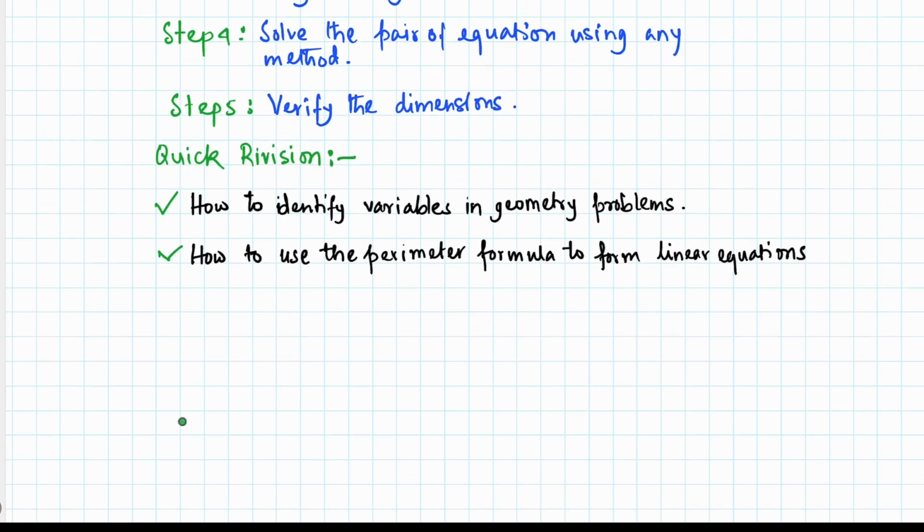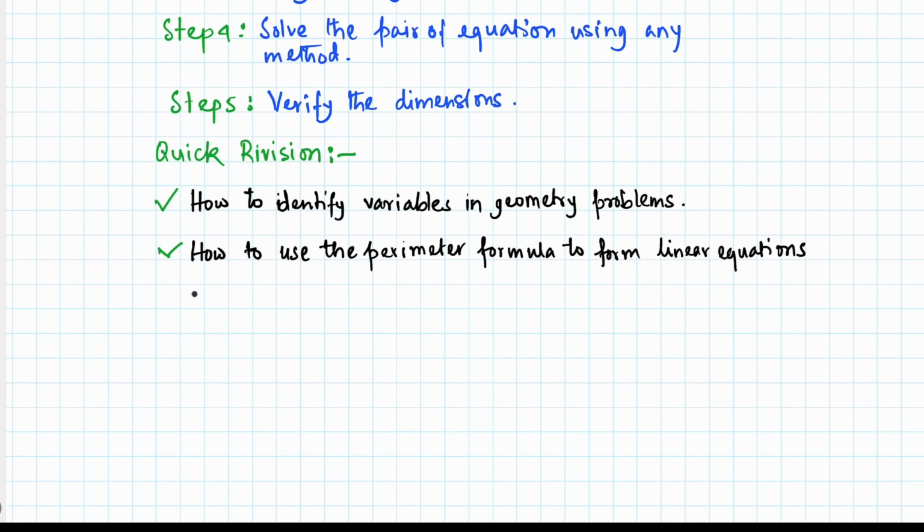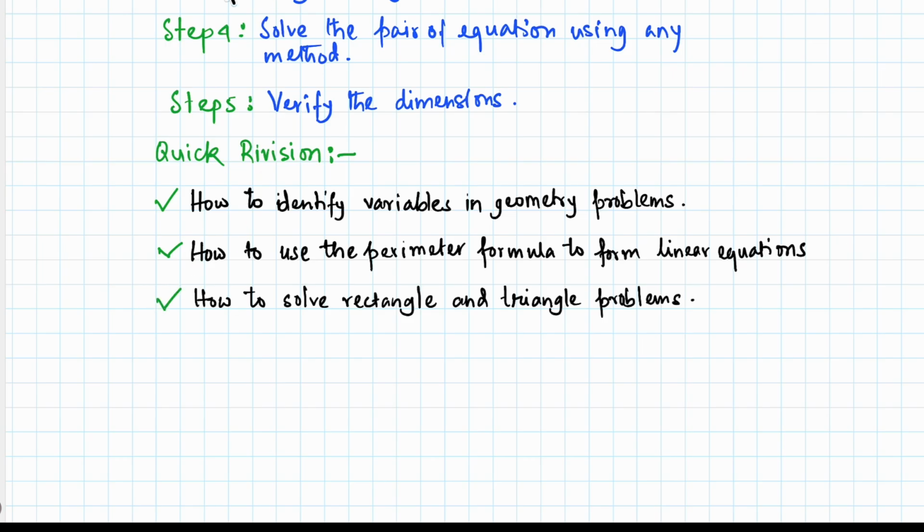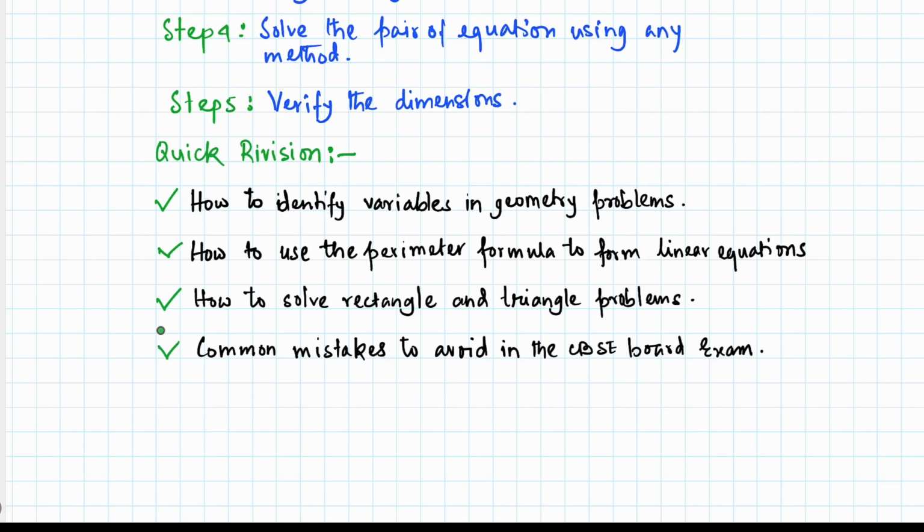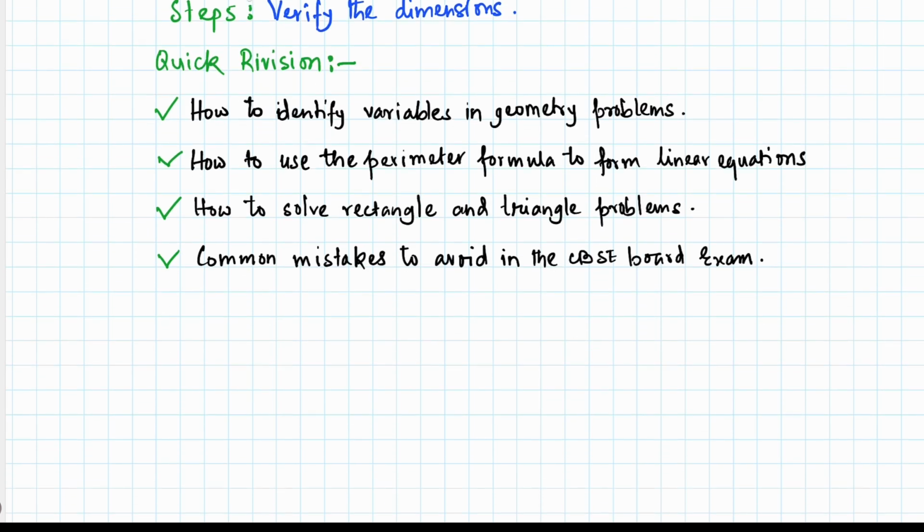Once a variable is defined, then we have to frame the equation. Then how to solve rectangle and triangle related geometrical shapes which involve linear equations. And finally, the different common mistakes that we generally make when we handle this kind of problems. So these are the important things that we have learned so far.